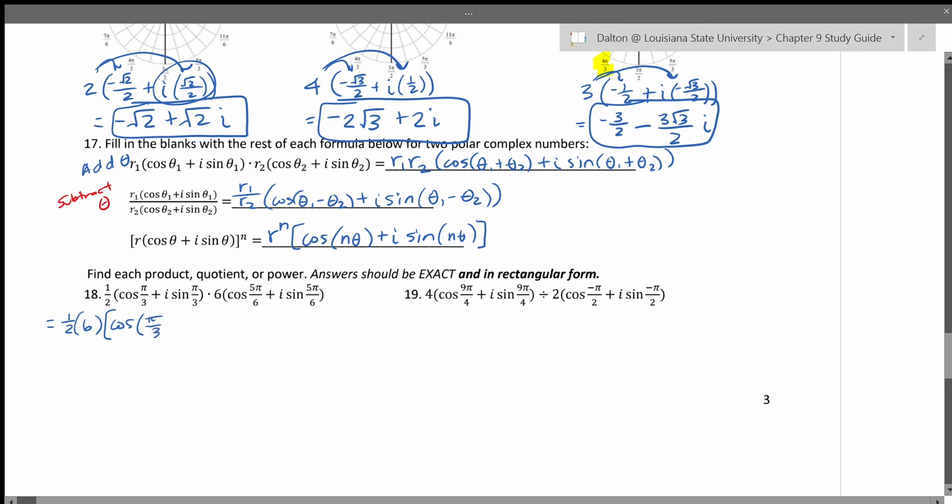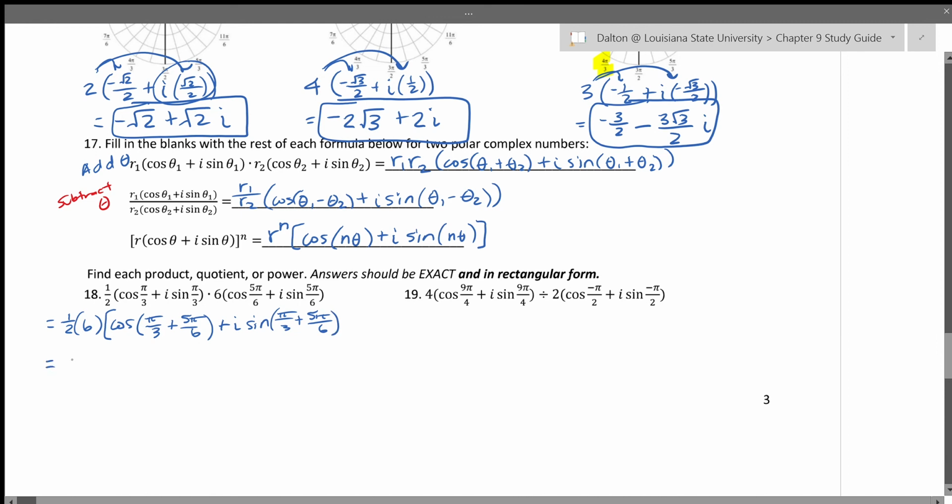So we're going to take pi over 3 from the first number plus 5 pi over 6. That's the second angle. So the cosine of this plus I times the sine of those same two numbers being added, pi over 3 plus 5 pi over 6. Okay, and then we're just going to simplify.